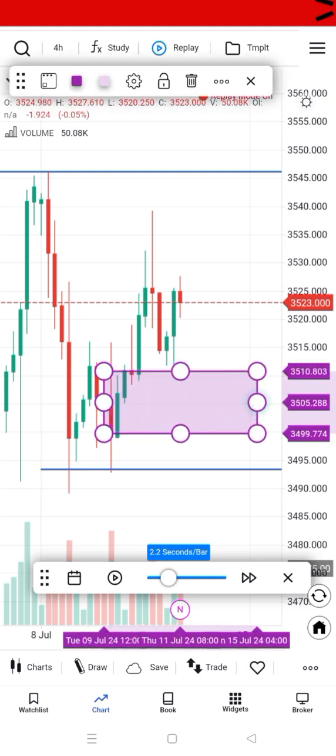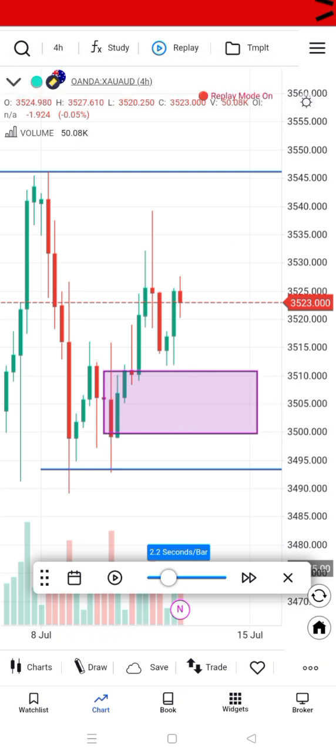And I must say that all these zones that traders draw mean something in the market. The zone I have drawn there is a demand zone, meaning there is a possibility that the market will come back, touch that demand zone, and then proceed up.